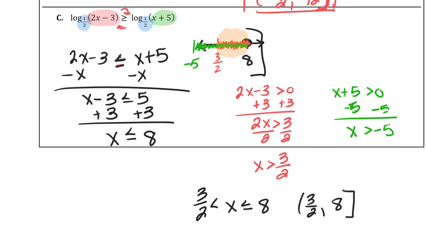So even though I can choose, according to my solution, anything less than 8, if I chose a -6, then the green statement would be bad. If I chose, let's say 1, then the red statement is bad.